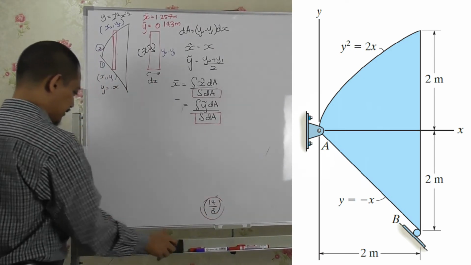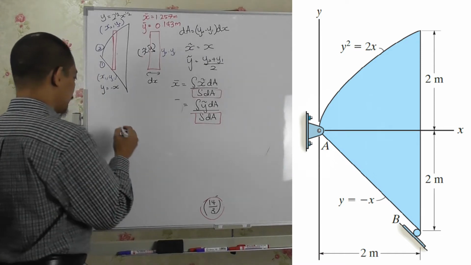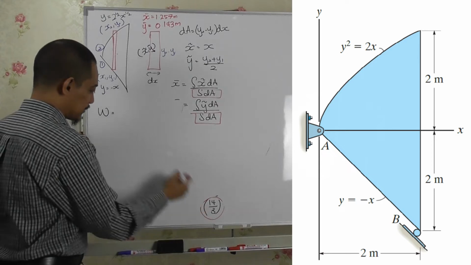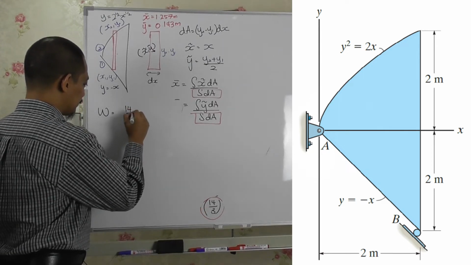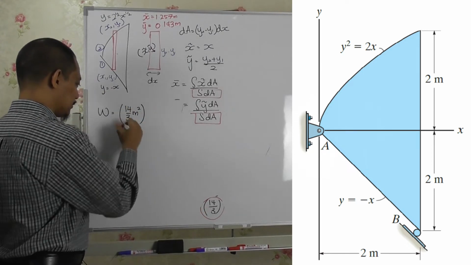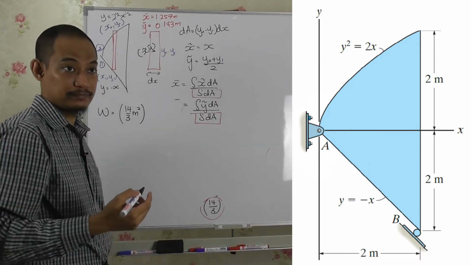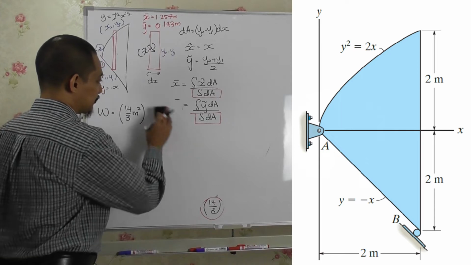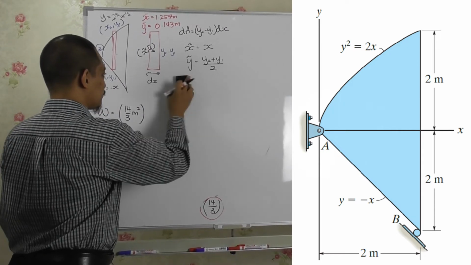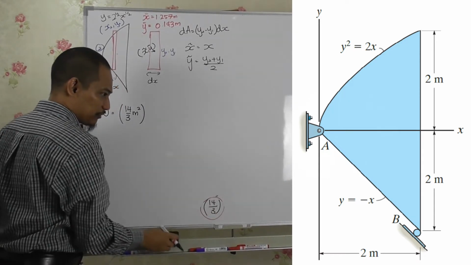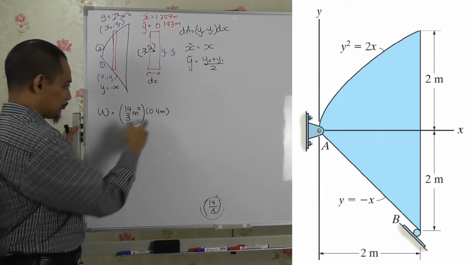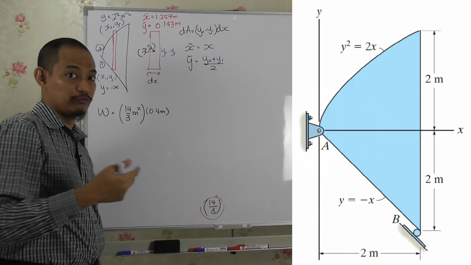To calculate the weight, the area is 14/3 meter square. The question also gives you the thickness, 0.4 meter, so you get meter cube, which is the volume.